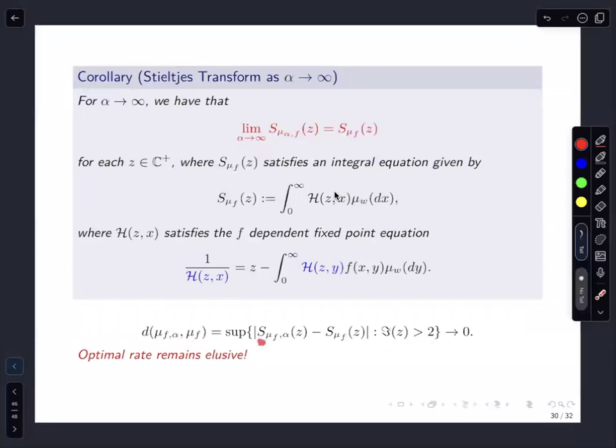If you can get a nice rate on this, this was our target, then you would possibly get a rate of convergence. And again, it seems we are a bit away from the optimal rate.